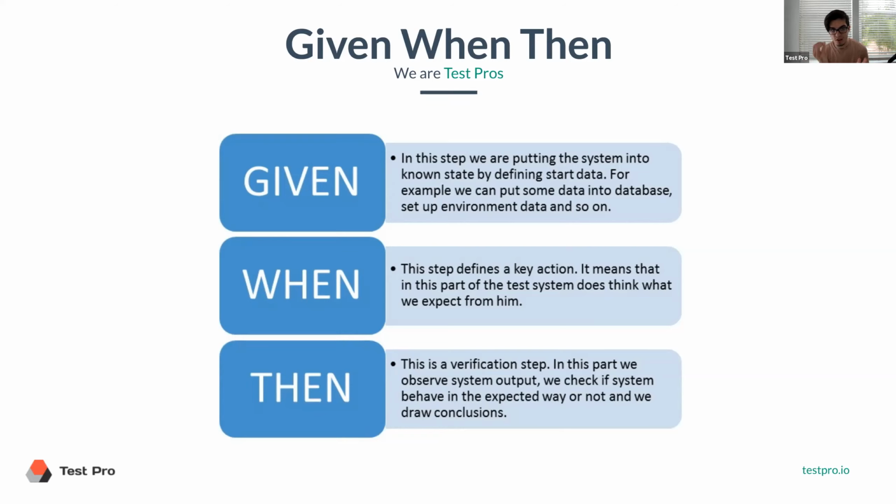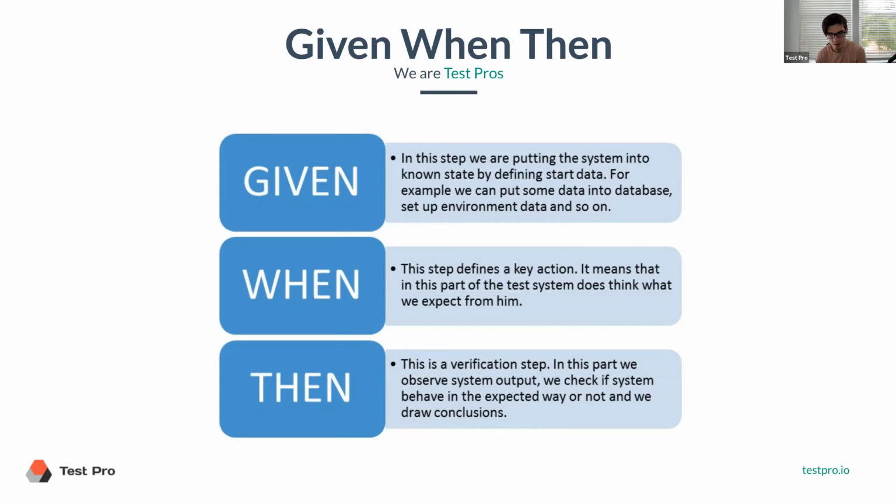So we would say the user already has credentials in the system. Or another precondition may be that you open the login page. When is going to be our steps. All of the steps, like add email, add password, click the login button, are going to be specified in the when section.